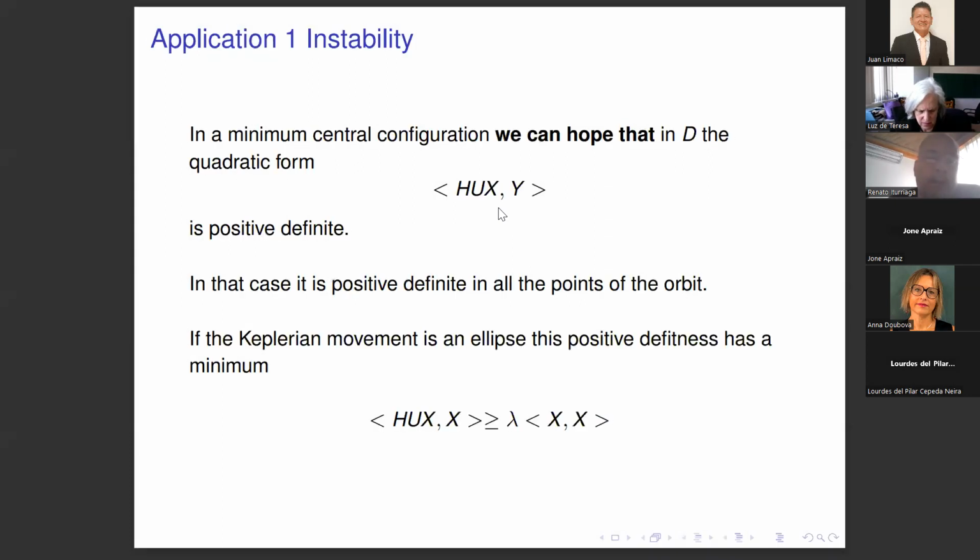So in particular, if the Keplerian movement is an ellipse, this positive definite has a minimum. Here again it is with respect to M, but it doesn't matter because, as I told you before, the second differential form is the same for the standard metric or not.